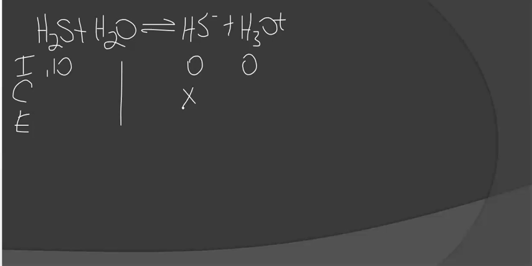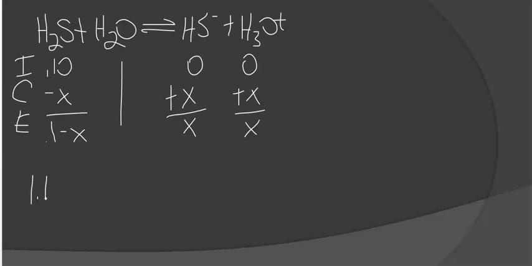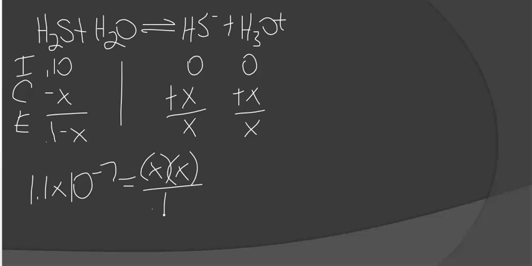We don't know equilibrium, so we're going to use variables. This is the first dissociation, so we're going to use the value for Ka1. Ka1 is 1.1 times 10 to the negative 7th, and that's going to be equal to x times x, and we can use the shortcut divided by 0.1.